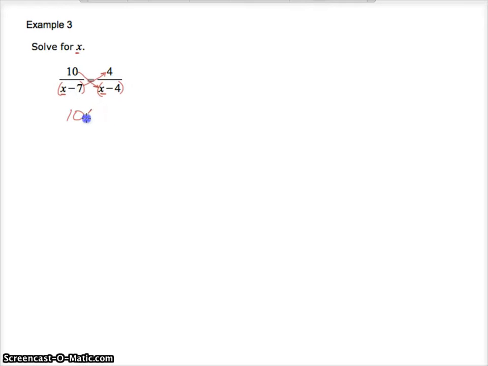So 10 times x minus 4 equals 4 times x minus 7. Now I apply the distributive property: 10x minus 40 equals 4x minus 28.